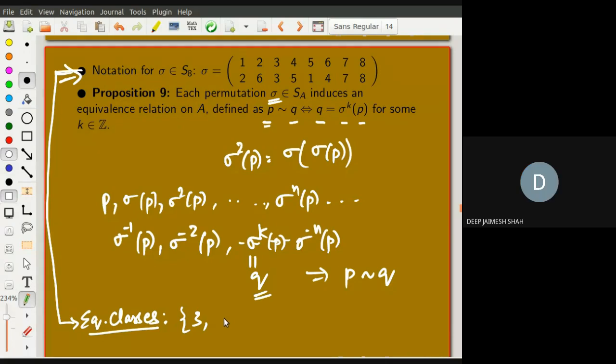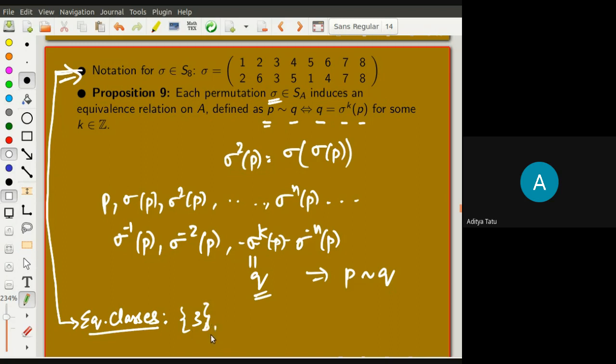Itself. 3, right? So where will sigma inverse map 3 to? Itself. Sigma squared? Itself. So what other elements can there be in the equivalence class of 3? No other elements. This is an equivalence class by itself.